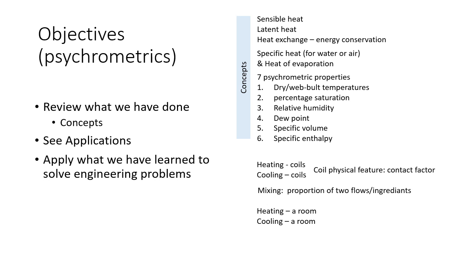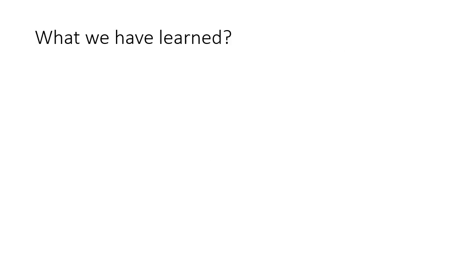So the humidity in the room will remain stable, and that applies to summer as well as winter. So these we call engineering solutions or applications. Okay, so these are what we have done so far. We can summarize this with this slide.